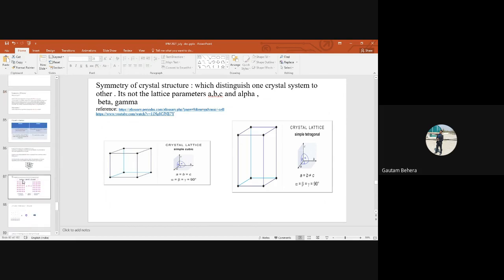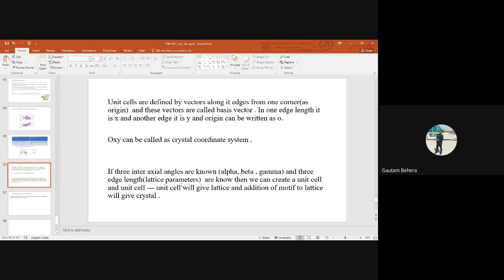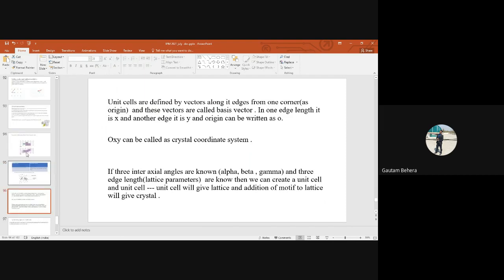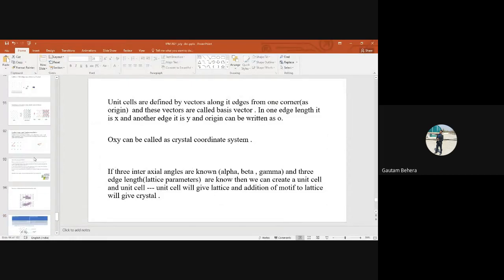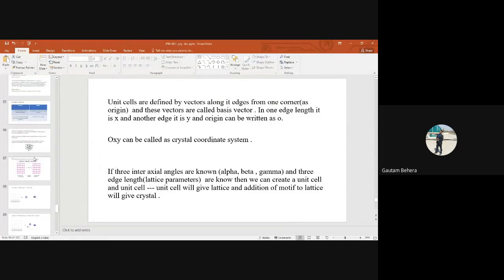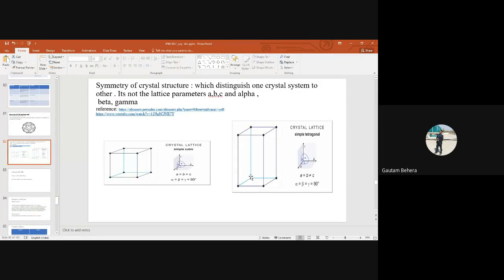So if the lattice parameters are known, then we can form a unit cell. What are the other lattice parameters? One lattice parameter is the interaxial angles. What is another lattice parameter? The edge length, right? This is one edge length, this is another edge length, this is another edge length, A, B, and C. So we have two types of lattice parameter.